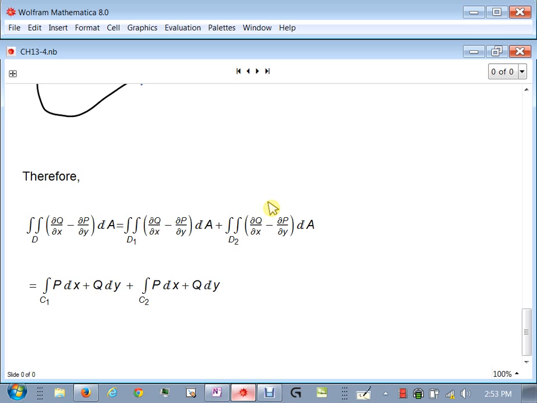But remember, the C2 orientation was, in this one, negative orientation, right? In ours, it's positive, isn't it? So for us, it'll be what? Line integral over C, right? And then minus line integral over C prime, right? The negative, because our path is positively oriented. So here's what we can write.